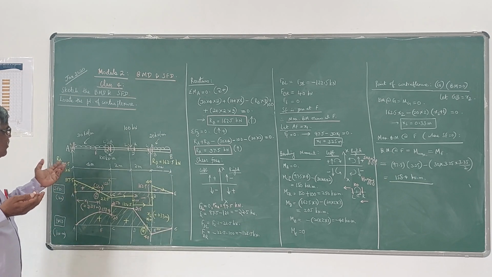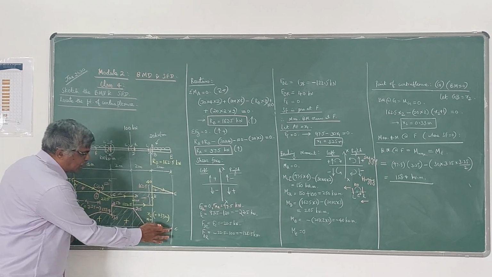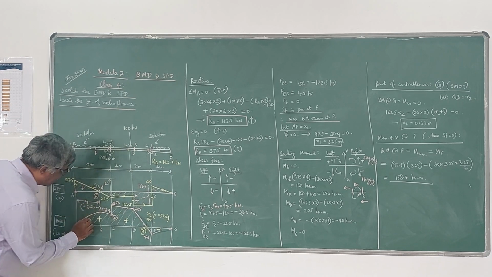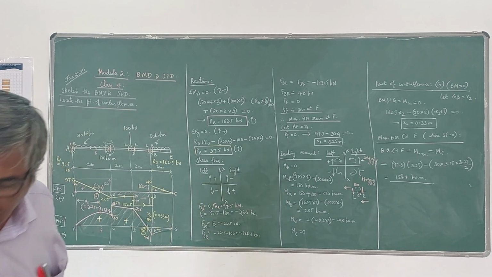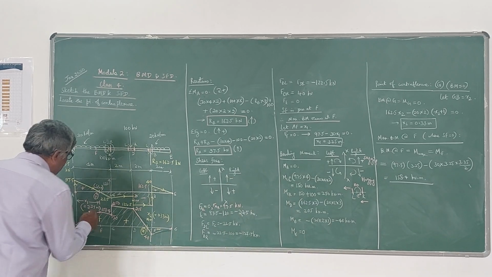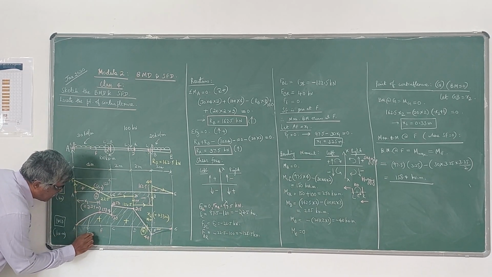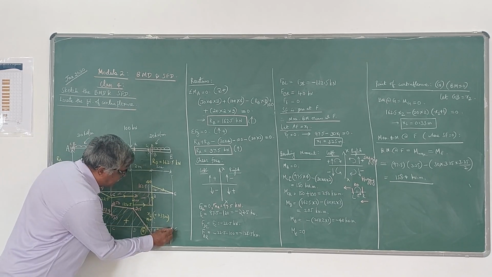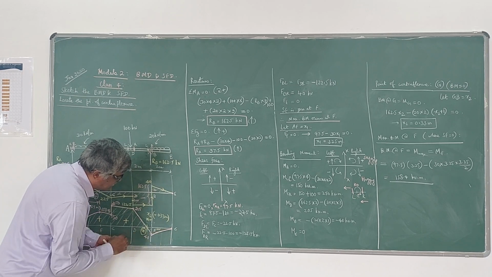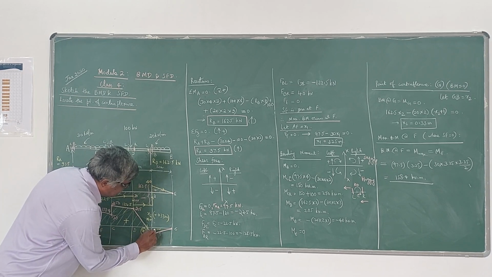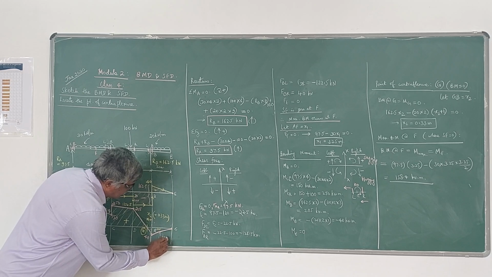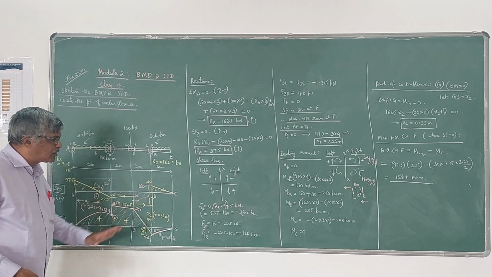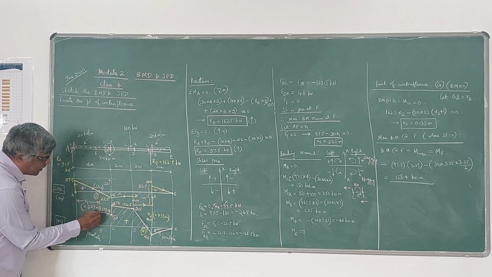So of course in this problem UDL is there from A to C, therefore a parabola will be there from A to C. I will just write here parabola, and also from B to E it is also a parabola, because you have UDL there.